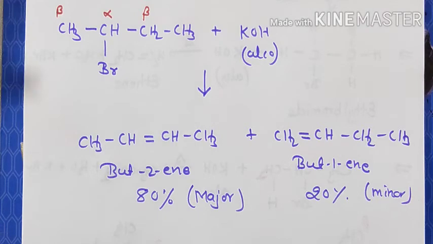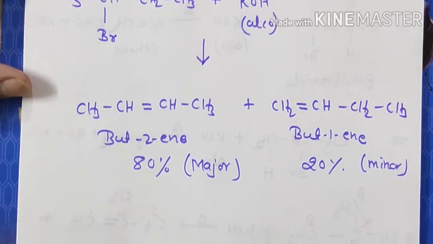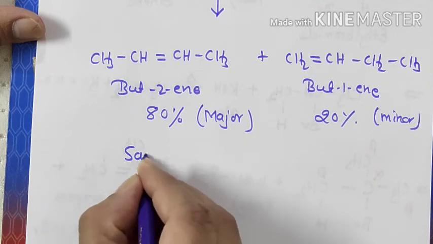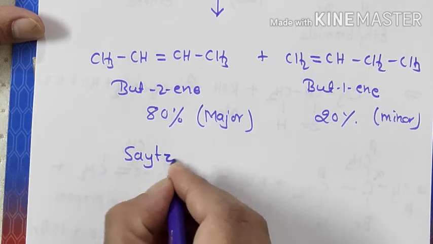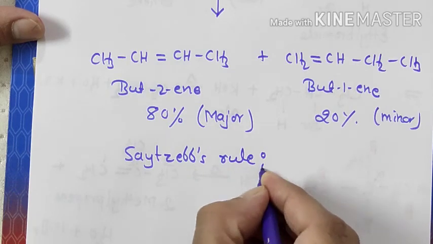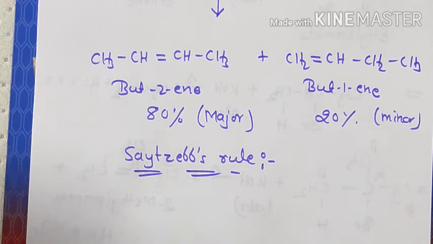Okay, so if you remember, we have studied something called the Markovnikov rule. In the same way, there's one more rule that is called Saytzeff's rule. What does this Saytzeff rule say?